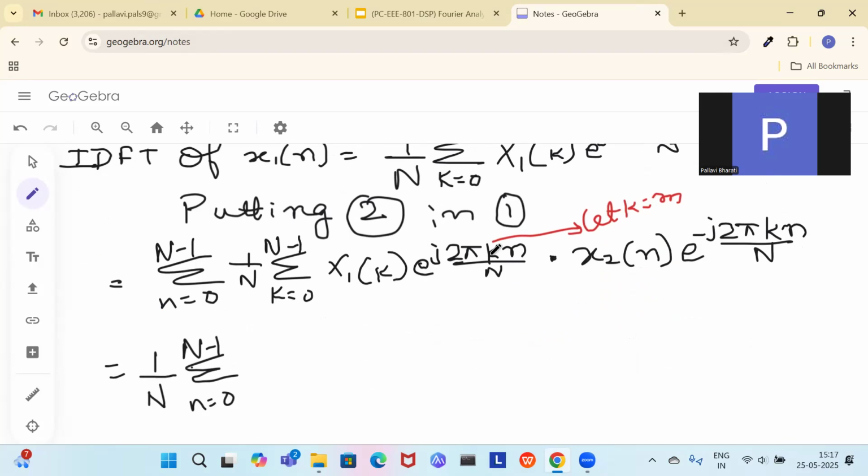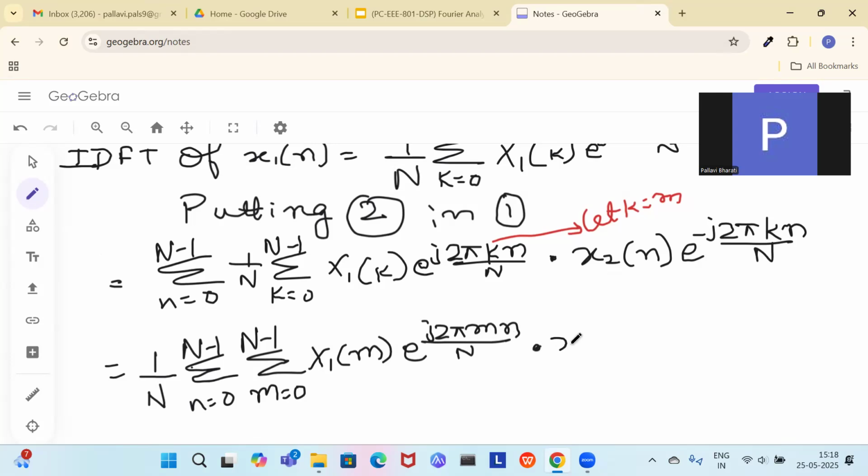Since this k we are going to change to m, that's why here instead of k equals 0 to N minus 1, I will write small m equals 0 to N minus 1, x1m e to the power j2 pi mn by capital N. Then we have x2n e to the power minus j2 pi k n by N.